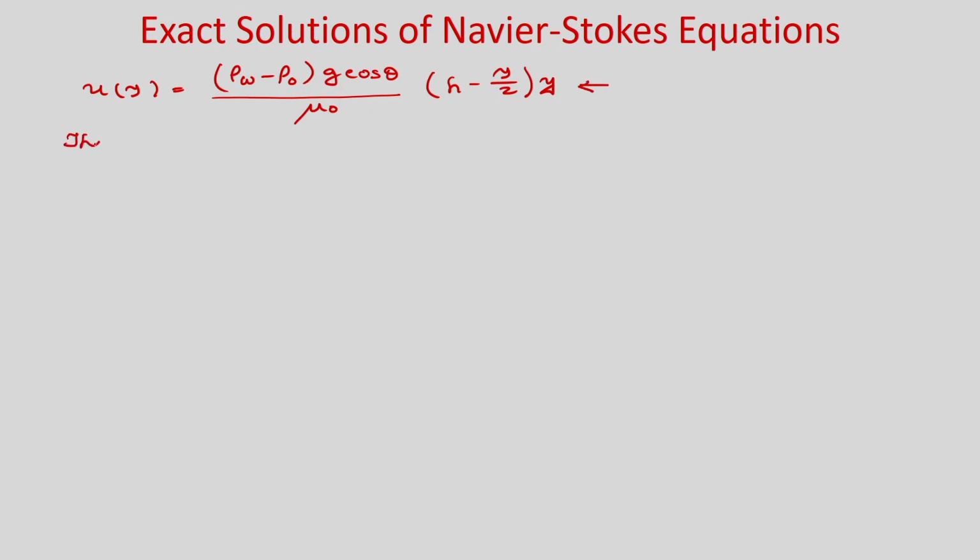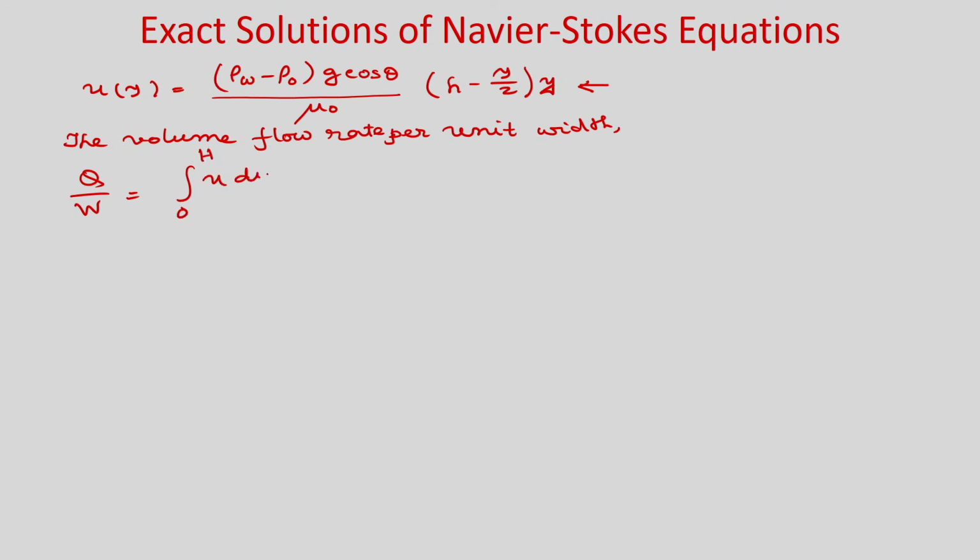Now, the volume flow rate per unit width we can calculate as q by w is equal to integral 0 to h u dy. Okay.